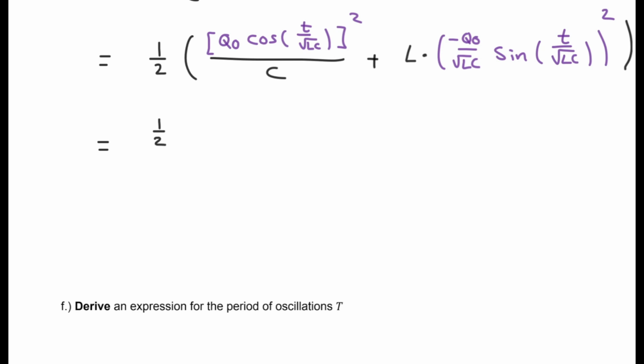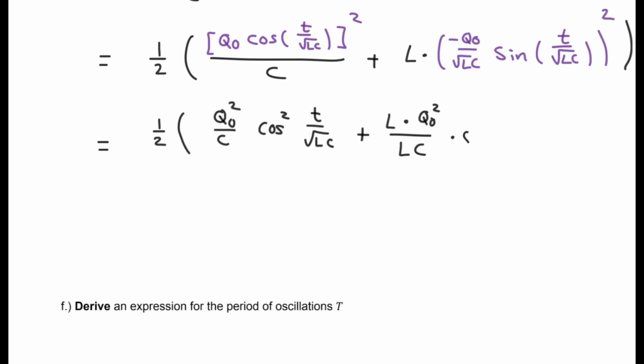So we get 1 half outside, and then we'd get Q0 squared divided by C times cosine squared of t divided by square root LC plus L times Q0 squared divided by LC times sine squared of t divided by square root LC.